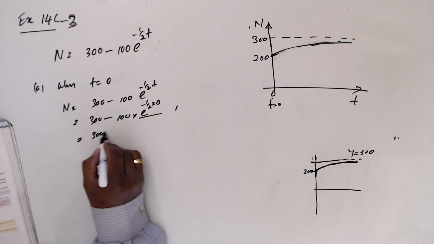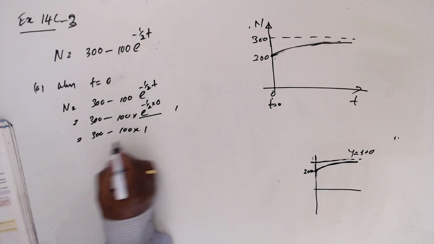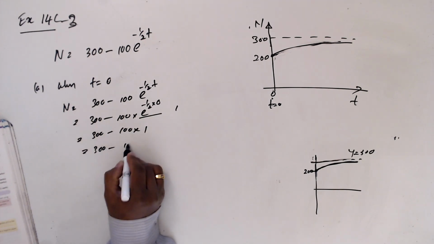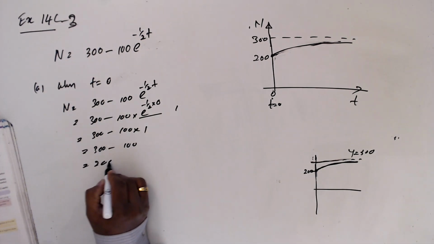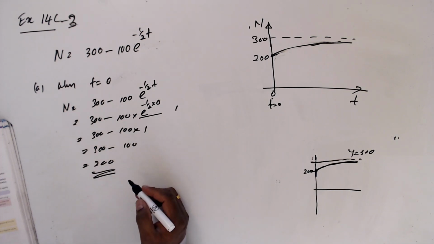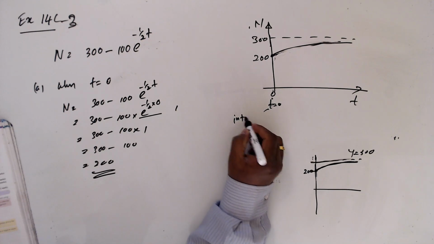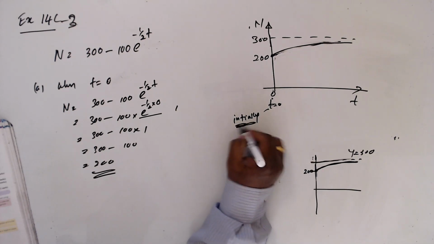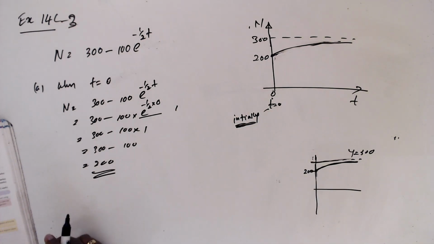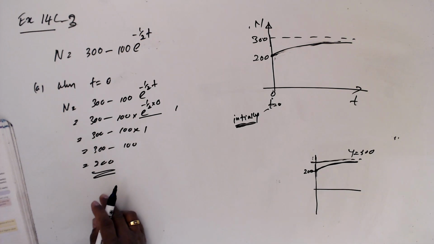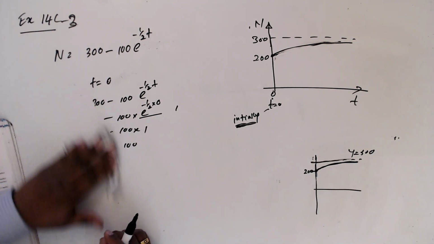So 300 minus 100 times 1, that is 200 people initially found out. Initially means when t equals 0, that's the starting point. 200 people were infected.